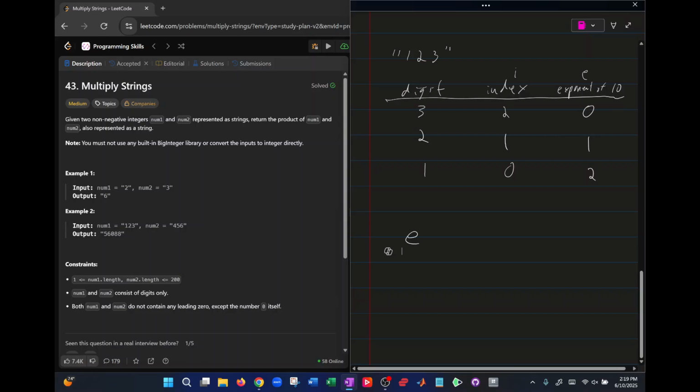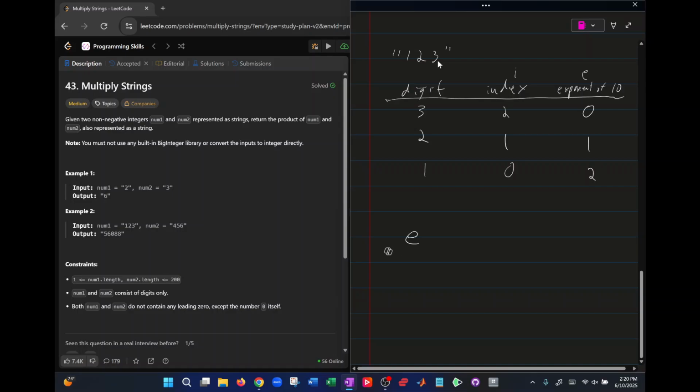If we can see what the pattern is here, as the indices start at 0 and go upwards, the exponents go downwards, and that's because in the string representations of the integers, the least significant digits occur at the very right.